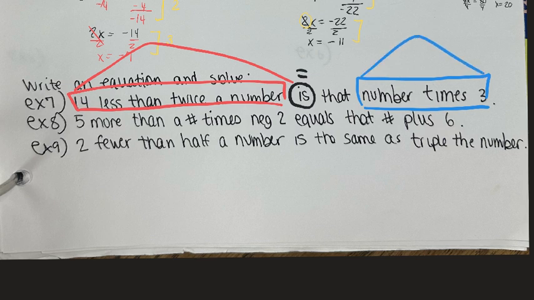So in the red house, I have 14 less than twice a number. In the blue house, I have that number times 3. In the middle, I have an equal sign. 2x minus 14 equals 3x. Okay, solve this equation and type in your answer.